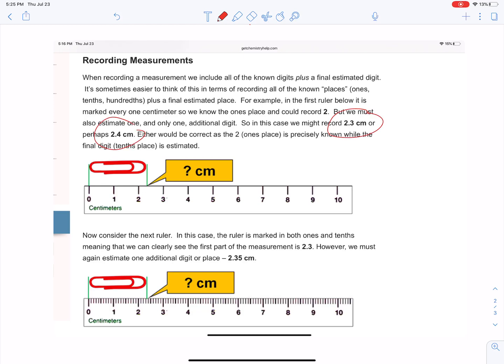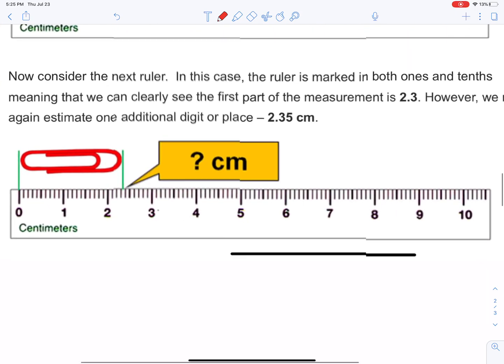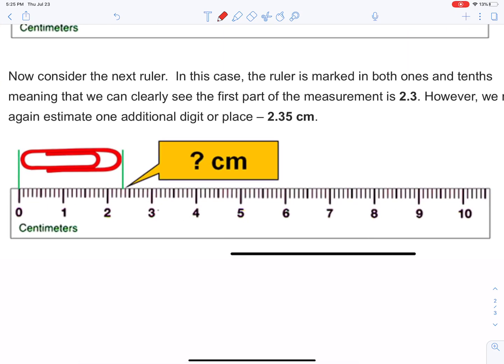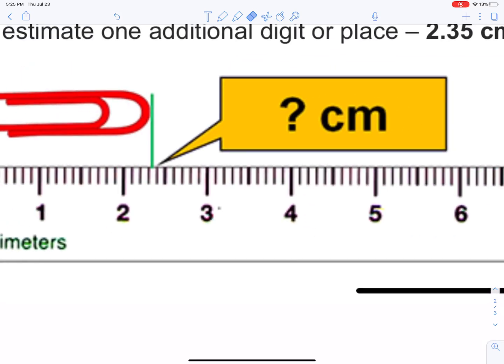Okay? Now, if your tick marks happen to be much more closely held, as in this one, I'll zoom in a little bit, right? You've got 2.1, 2.2, 2.3, right? You've got these tick marks which are much closer. Well, now you are certain that it is somewhere between 2.3 and 2.4.